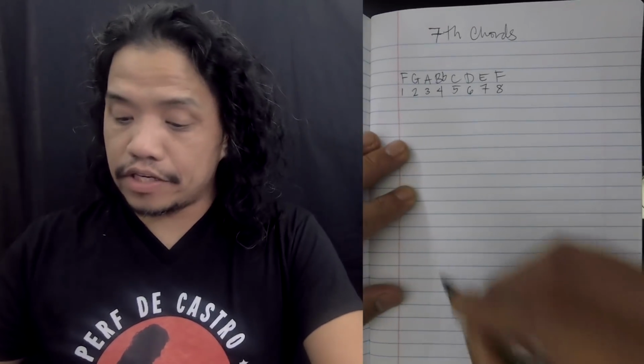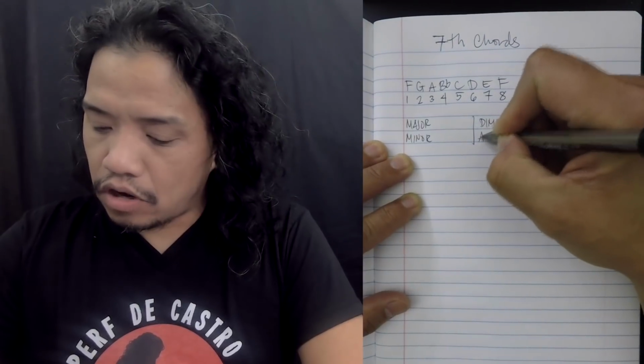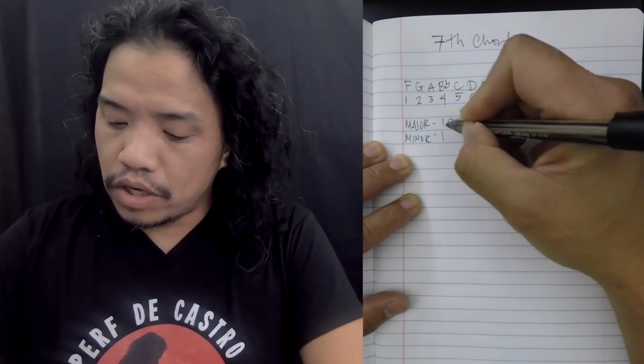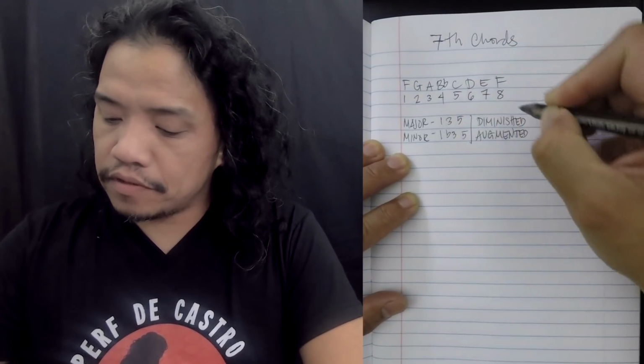And as a refresher, we have our major triad, minor triad, we have our diminished triad, and we have our augmented triad, and their respective spellings. 1, major 3rd, perfect 5th; 1, flat 3rd or minor 3rd, perfect 5th.